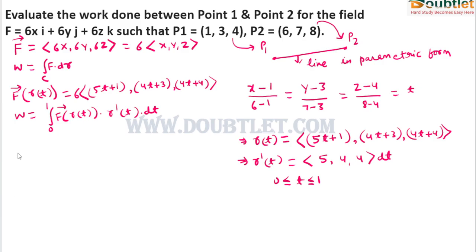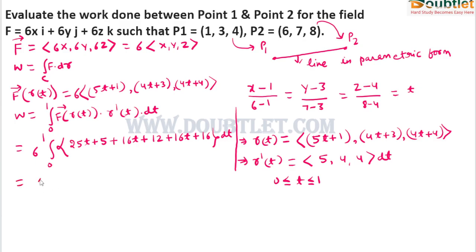Now we have to find the dot product of these two vectors, so we just multiply the corresponding coordinates. 6 is taken out as common, so this is written as 6 times the integral from 0 to 1 of (5t plus 1) into 5, which is 25t plus 5, then 16t plus 12, plus 16t plus 16, and dt.